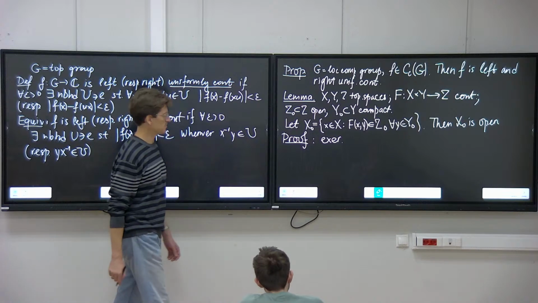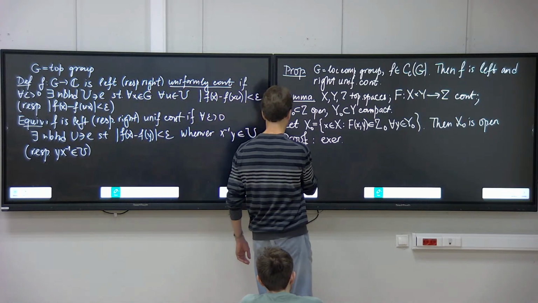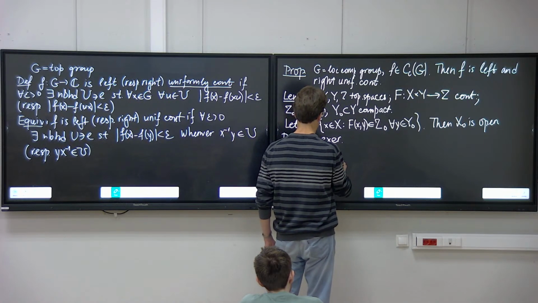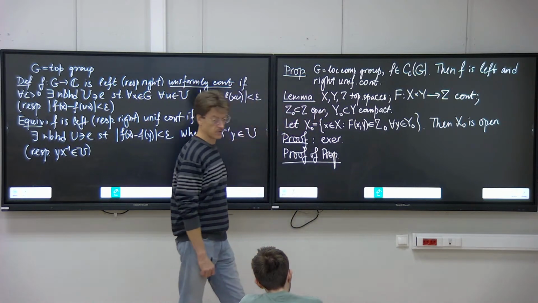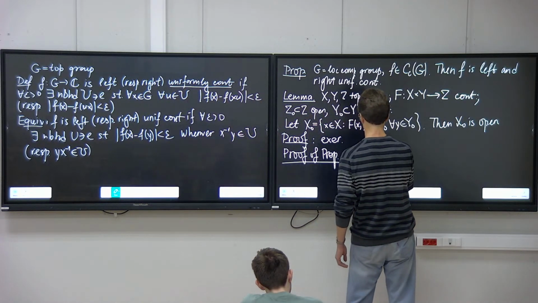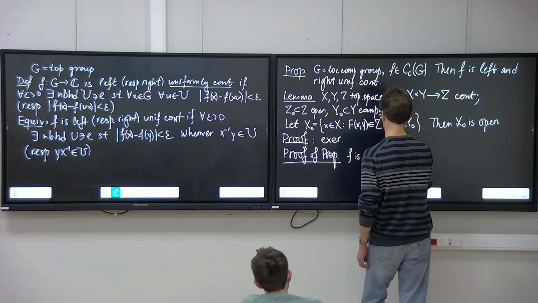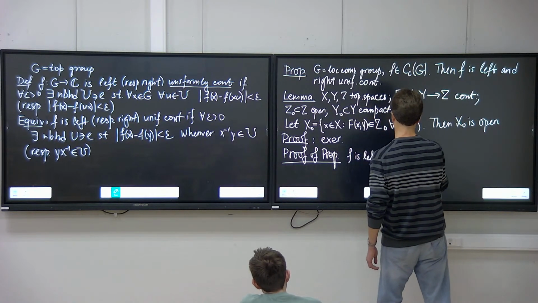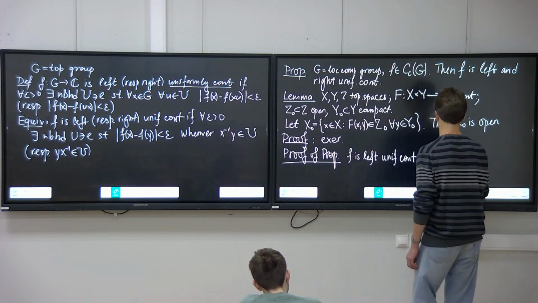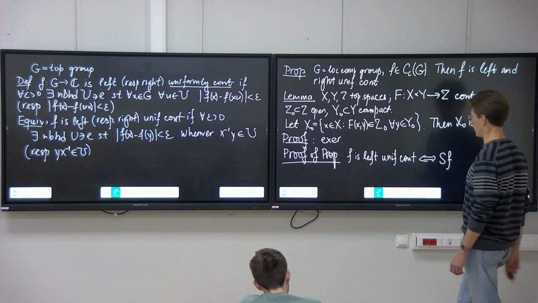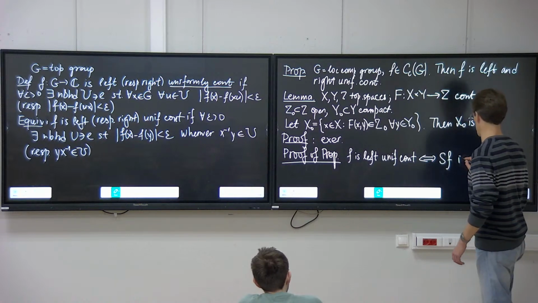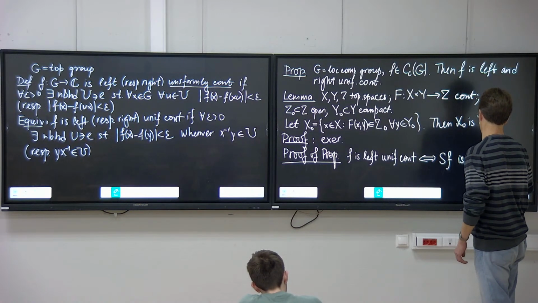Let's now prove our proposition. First of all, let's observe that a function f is left uniformly continuous if and only if the function sf, where s is the usual antipode map, is right uniformly continuous. And the other way around.